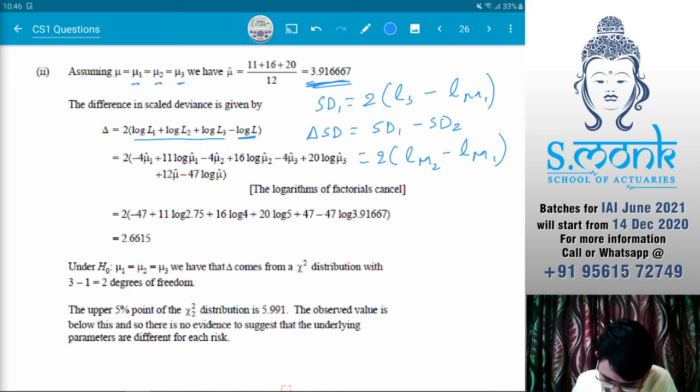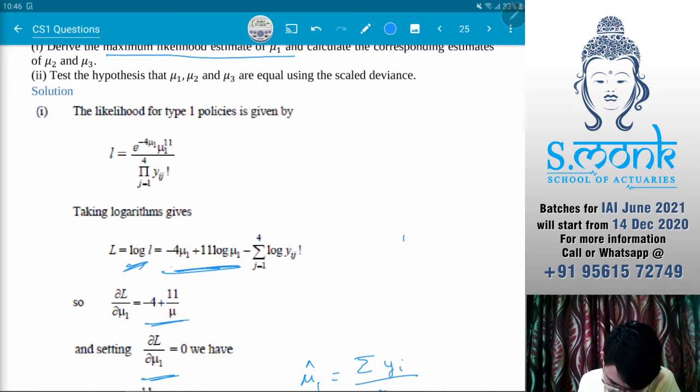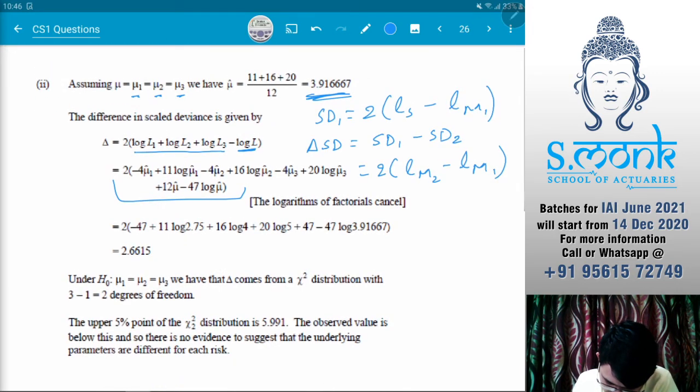So the log likelihood was this. Use that here.